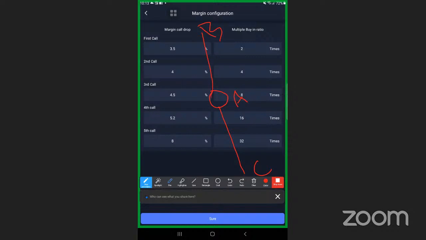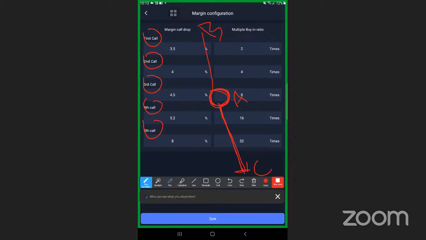So from the point of entry to C, when the price starts to go down, we say the market has gone against us. When the market has gone against us, that's when we open margin calls.